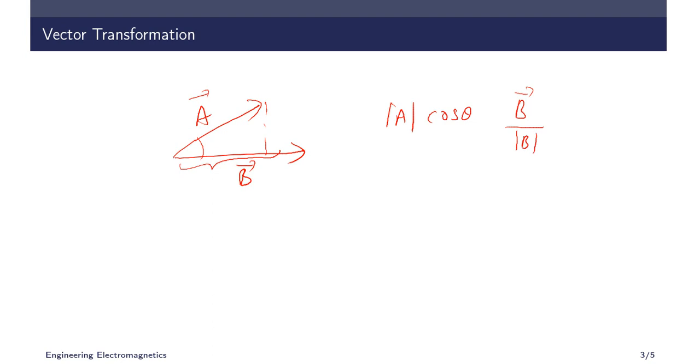So if I want the component along this direction, what I have to do is get the component of A along that direction and multiply it with B by mod B. Now, if I multiply this, mod A cos theta, with the unit vector, so what changes will happen?